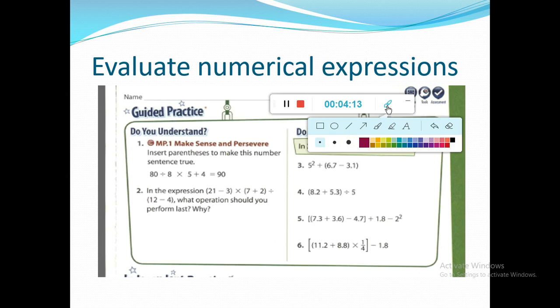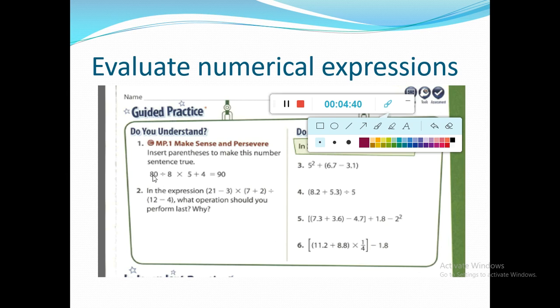Now we have to try to put the brackets or parentheses in different places. If we try to put the parentheses here and we group 5 and 4 together. So now let's calculate this parentheses.